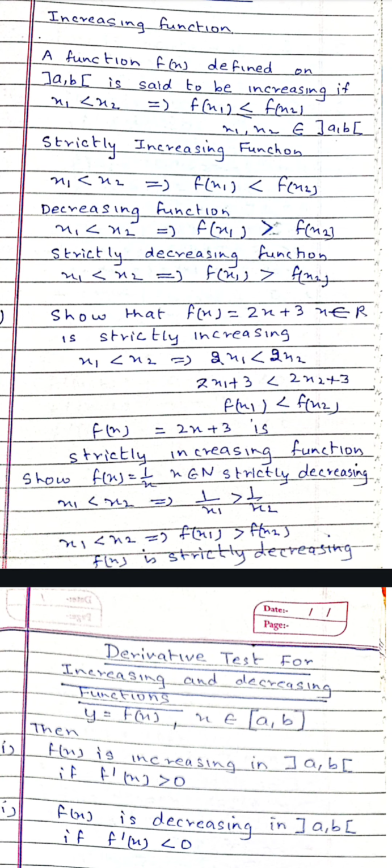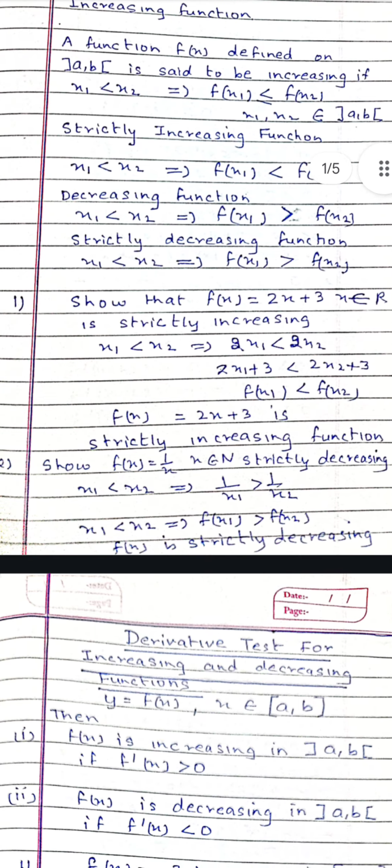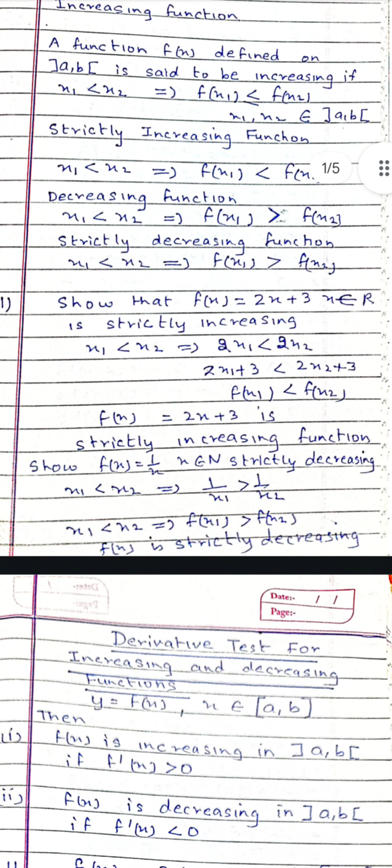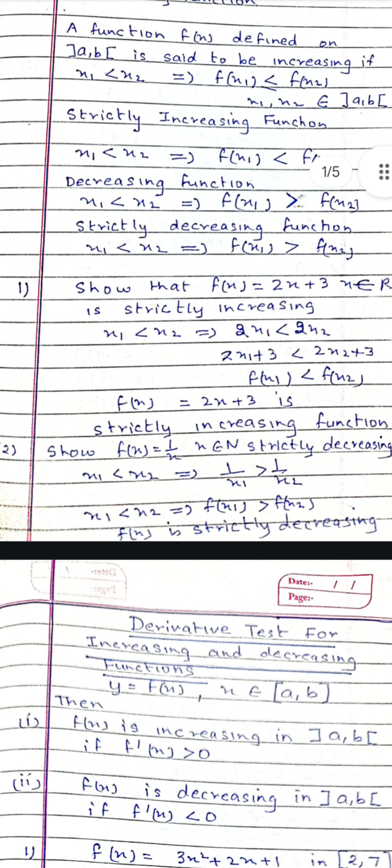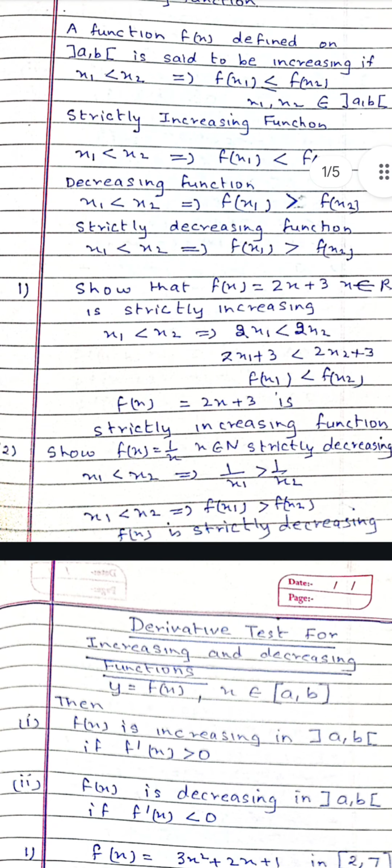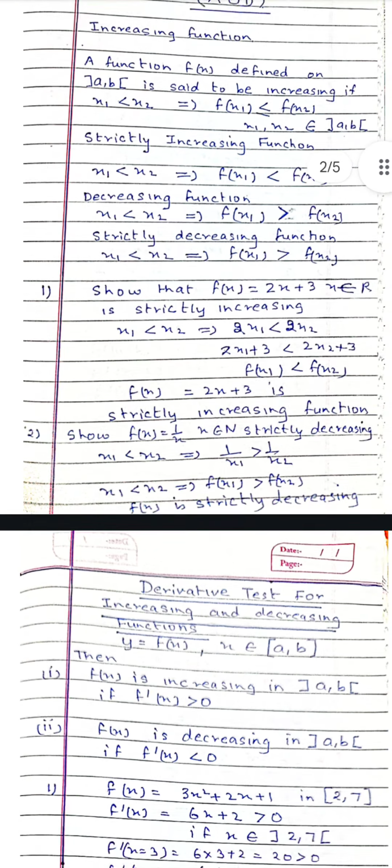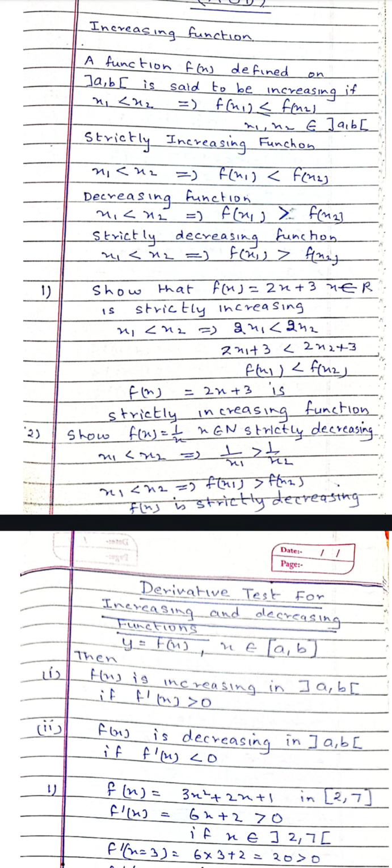f(x2). Now the first example I am sharing with you is: show that f(x) is equal to 2x plus 3 for x belonging to real numbers is a strictly increasing function. Let us consider two values x1 and x2 such that x1 is less than x2.